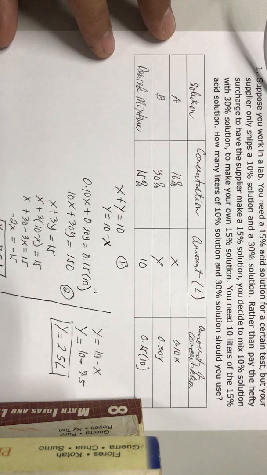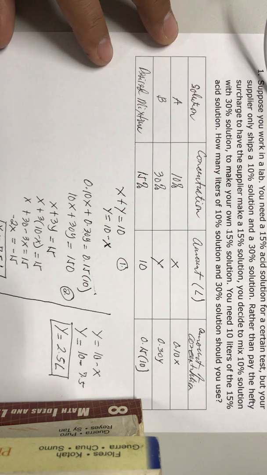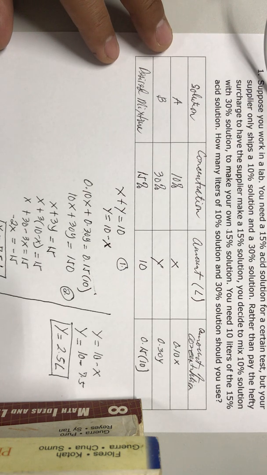However, what you can do is to make a mixture of solution A of 10% acid solution and solution B of 30% acid solution to come up with your desired mixture of 15% acid solution. And what you need should be 10 liters.